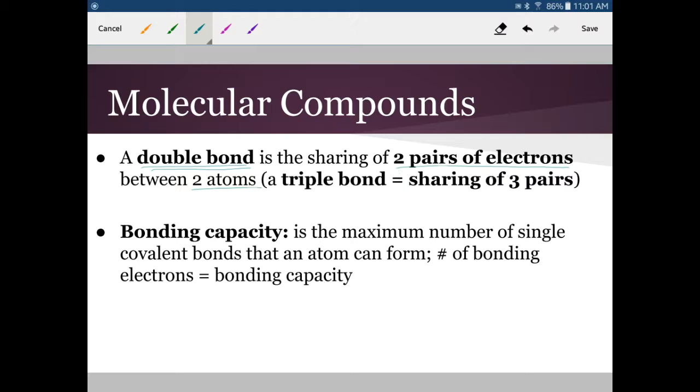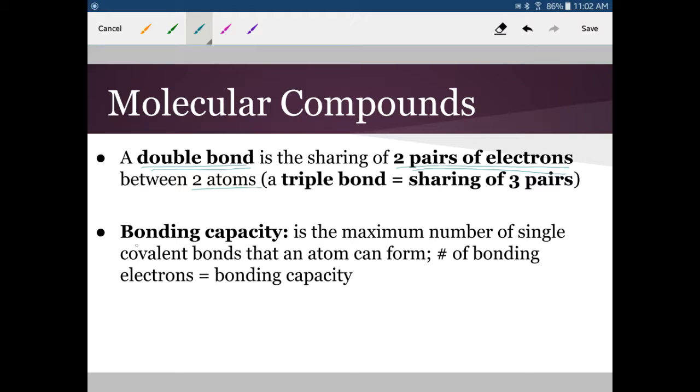We want every element to be happy, and so when we have to move those pairs of electrons, we make a happy element. Because we move those electrons, that gives us what we call a double bond. And a triple bond is a sharing of 3 pairs. So if we had to move another pair of electrons into a bond, or turn a pair of lone pairs into bonding pair electrons, we will get a triple bond.